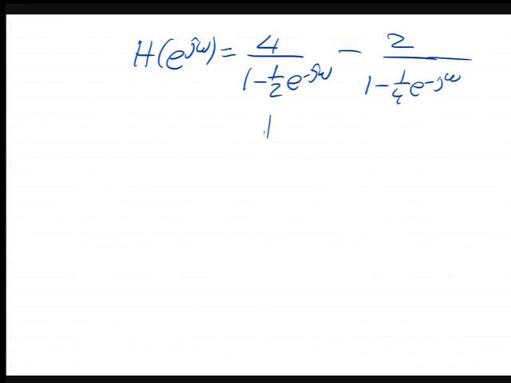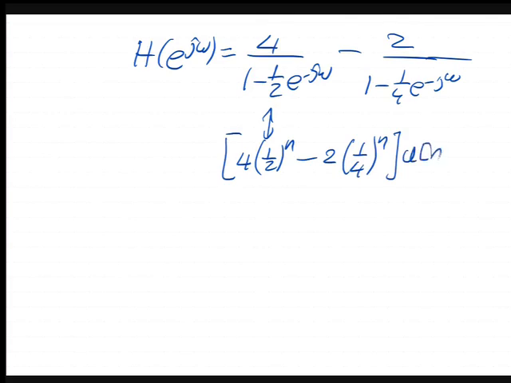So I know where this comes from. This comes from 4 times 1/2 to the power n. And this comes from 2 times 1 over 4 to the n. And they are both one-sided signals, so they get multiplied by u of n, right?